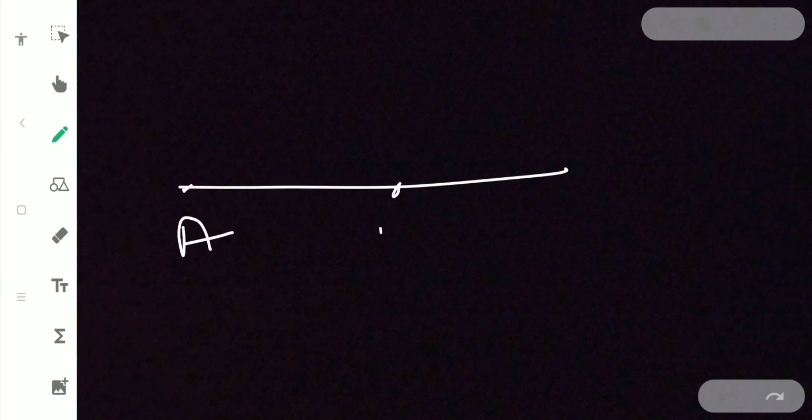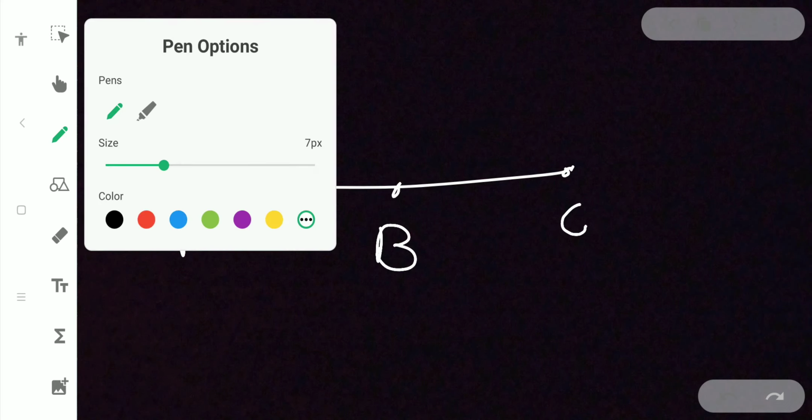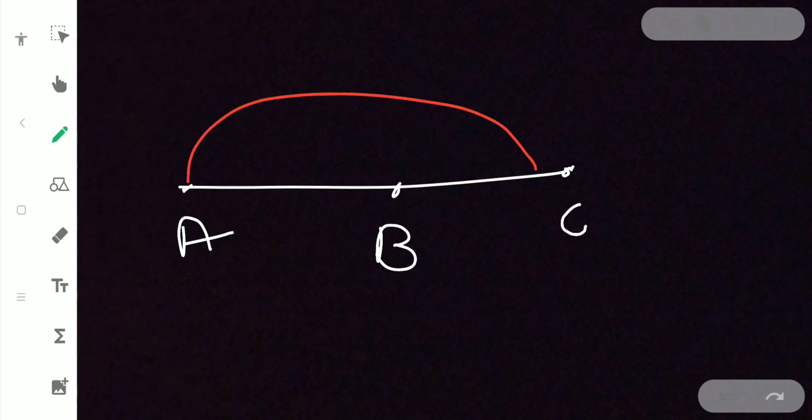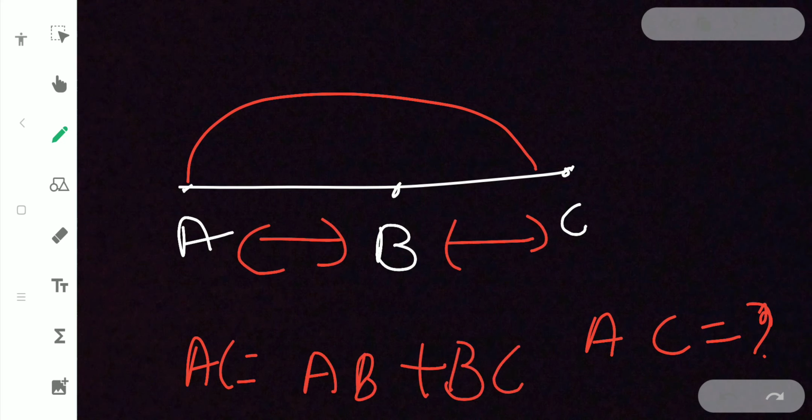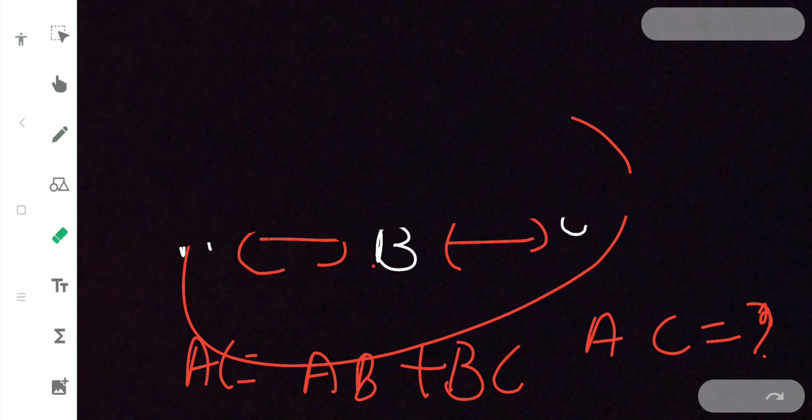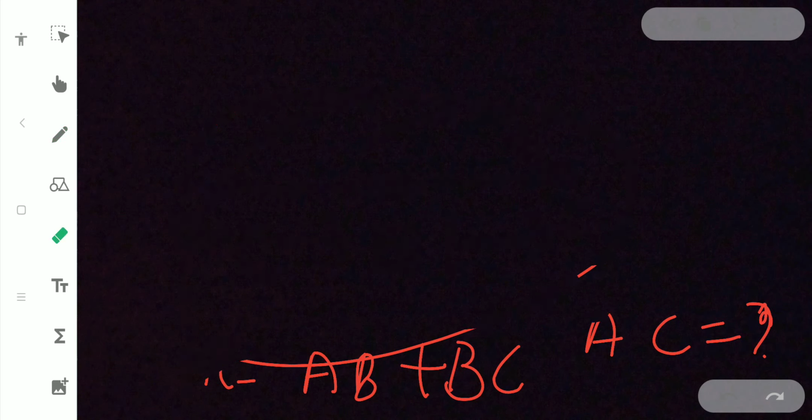So as I have said in the previous question, when we are having point A, point B, point C, we will have this line AC. So AC will be some length, and AC will also be equal to AB plus BC. So that is what we have done here. The same way I have split this line into two names.